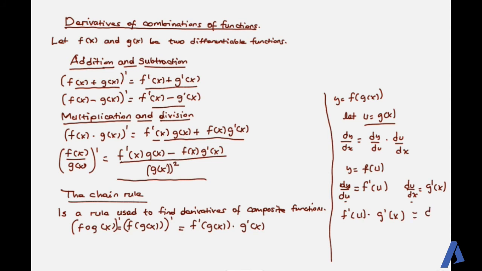So substituting the function of x in place of u, dy by dx is equal to f derivative of g of x multiplied by g derivative of x. So accordingly, we can find the derivative of a composite function.